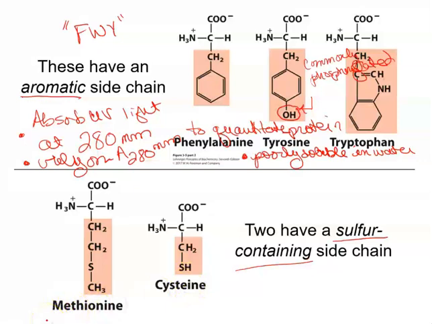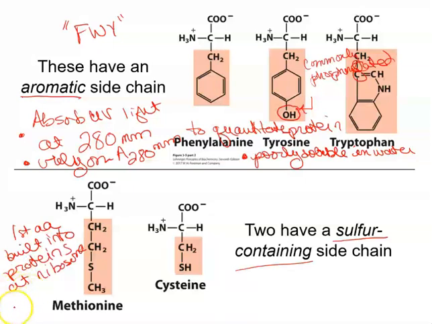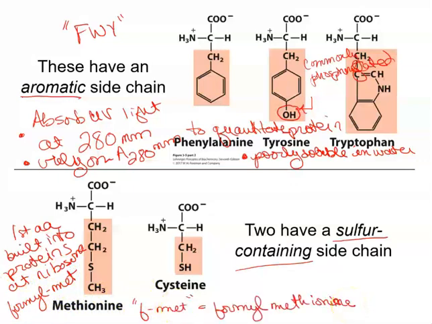So methionine is great because methionine is usually the first amino acid built into proteins at the ribosome, and that can be in the form of methionine as you see here, or in the form of formyl methionine, or F-met, so formyl methionine, F-met.